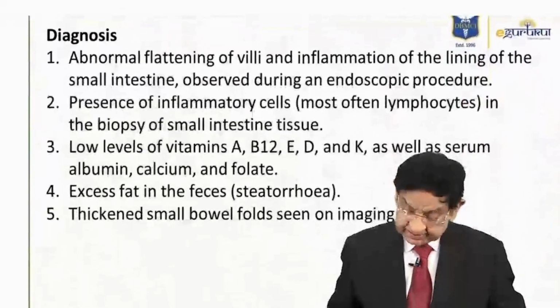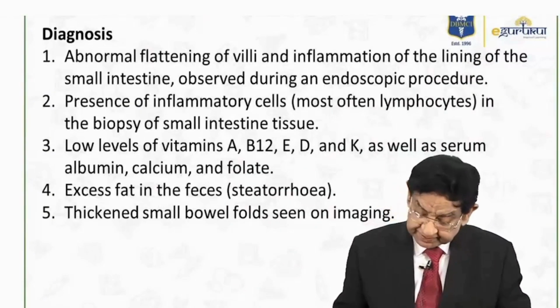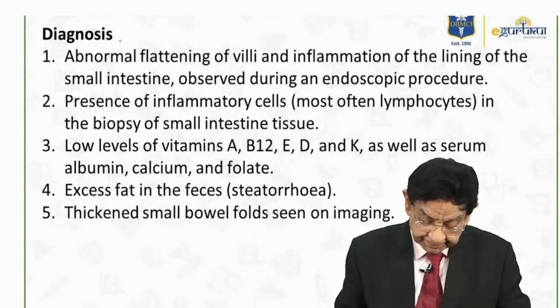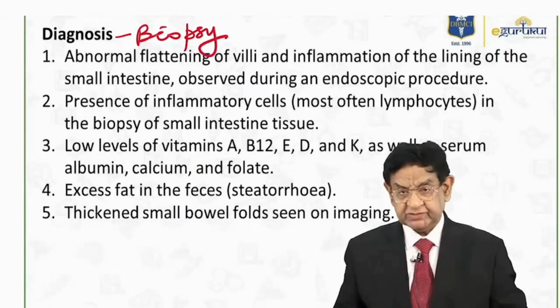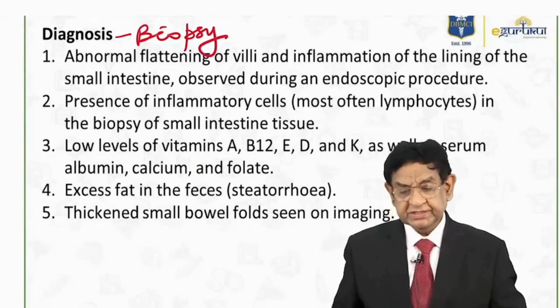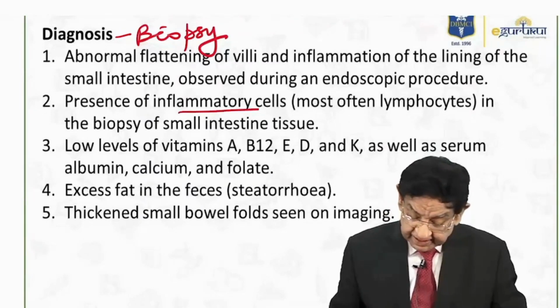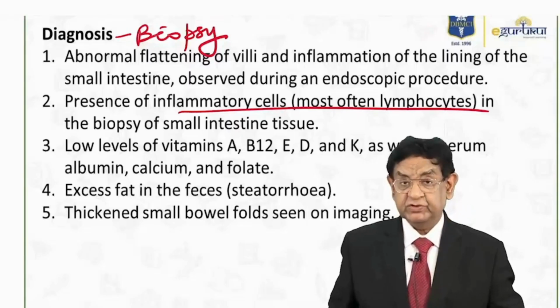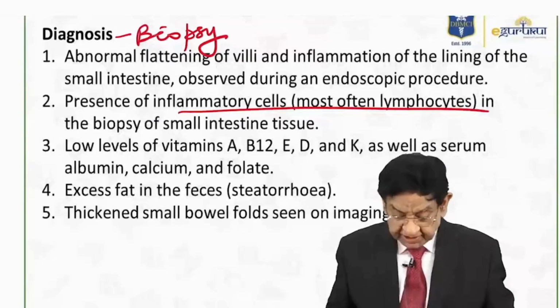So in this case, diagnosis, as I told you, is by biopsy. I don't need to repeat again the biopsy finding. Same as what we got in case of celiac disease. Again, there are inflammatory cells, lymphocytes will be there, which were there in celiac disease also.